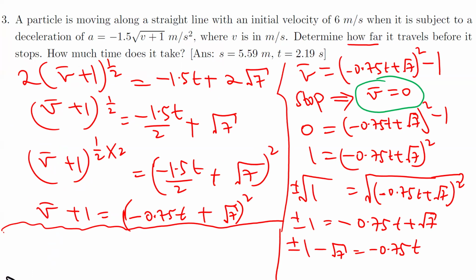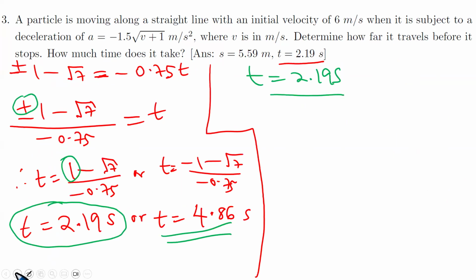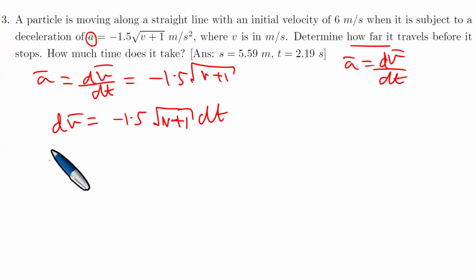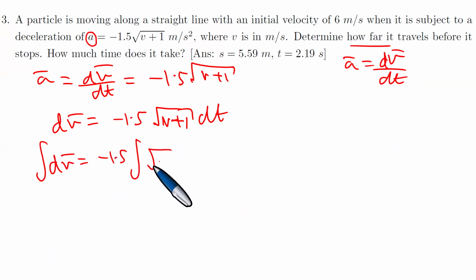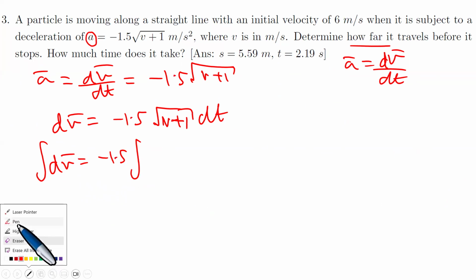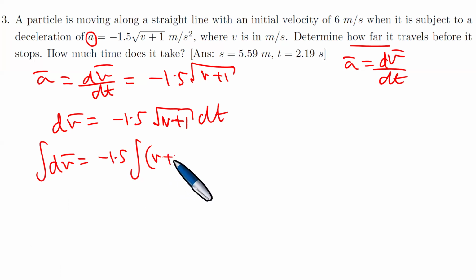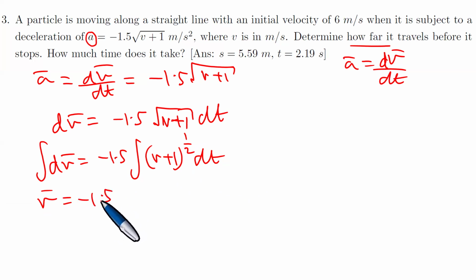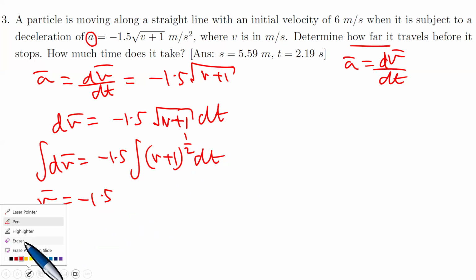Right, we can be able to find the velocity. And we find the velocity by integration, and then we integrate again. So we need to integrate twice. Right, and then now we have the integral of dv over minus 1.5 times the integral of this one. Okay, the square root of v plus 1, I mean, you can write it as (v plus 1) to the power 1/2, because that is the square root. Yeah, I need to do separation of variables, please.